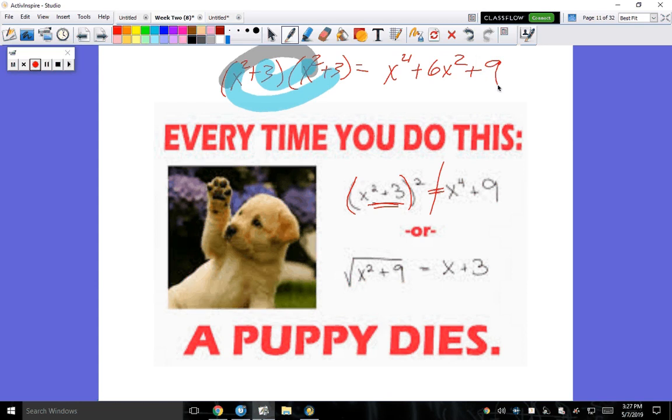And then the last. You with me? 3 terms, because the power is 2. And the biggest term is going to be that first term squared. Alright? The last term is going to be the last term squared. Trying to show you patterns here.